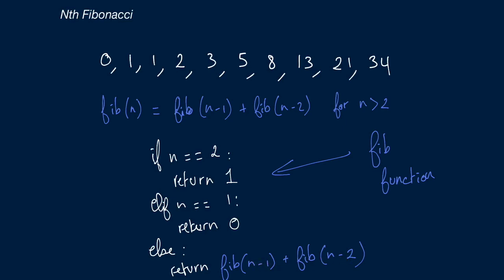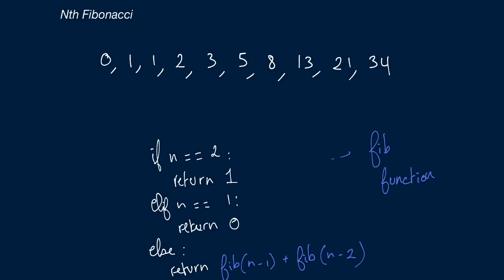So let me erase this math formula here in the middle, and we're going to go through an actual example to see what gets called, how many times, what functions get called, etc.